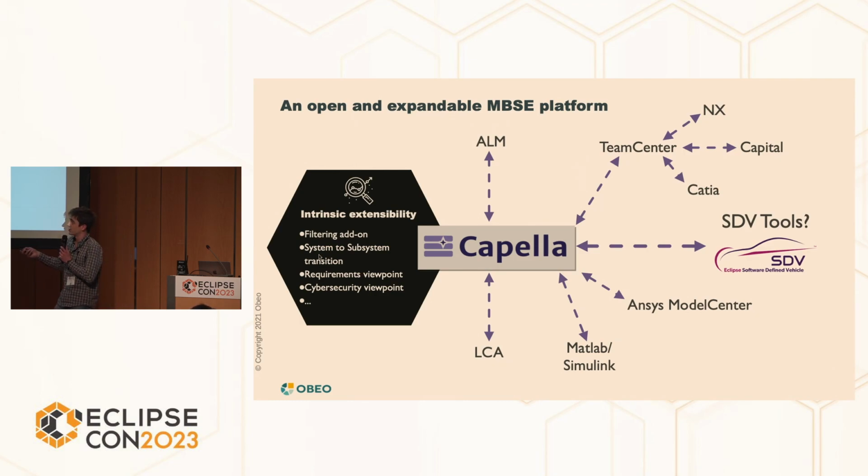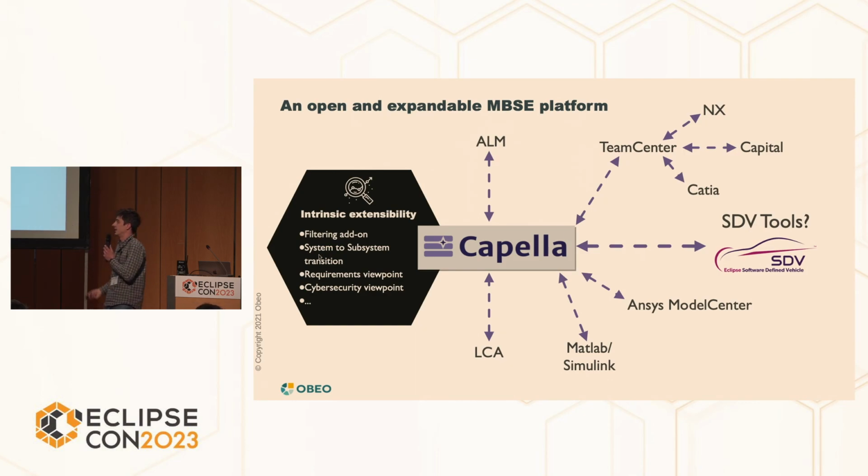So we know some companies that developed add-ons to transition from a system model to a subsystem model, to design systems of systems, to model cyber security scenarios, that kind of thing. And also, we, Obeo, but also a lot of our partners have built a lot of interfaces between Capella and other tools.